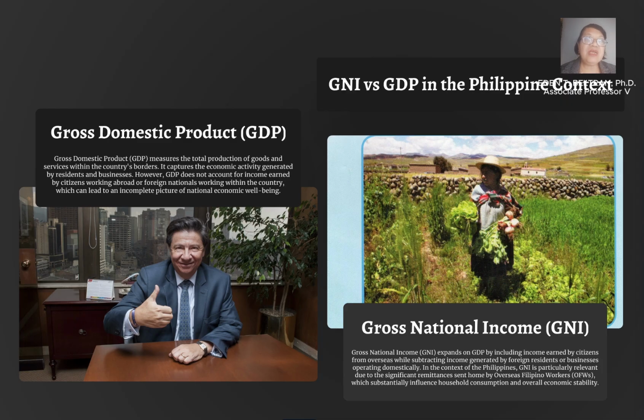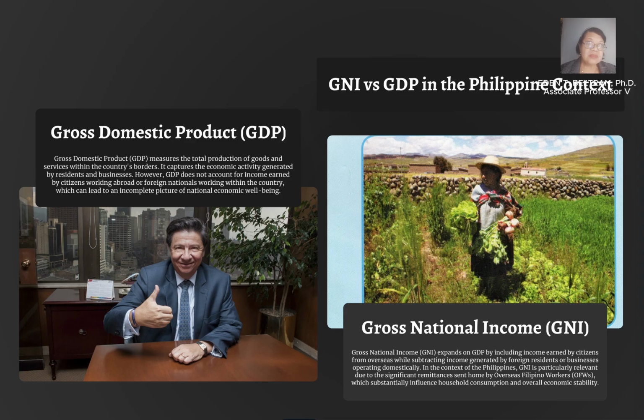From a public administrator's perspective, the gross national income affects poverty statistics, and it also influences planning for social protection. And we have to explain why consumption remains high even if our domestic industries are weak.